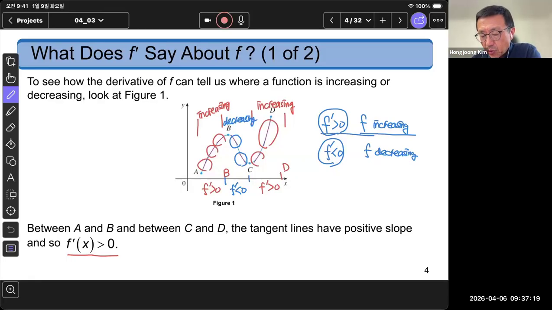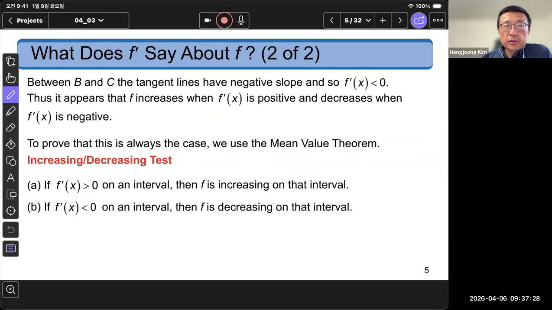So these two go together and these two go together. Please remember this. So here is a test. If f prime is positive on a certain interval, then your function is increasing. And if f prime is negative, then the function is decreasing there.